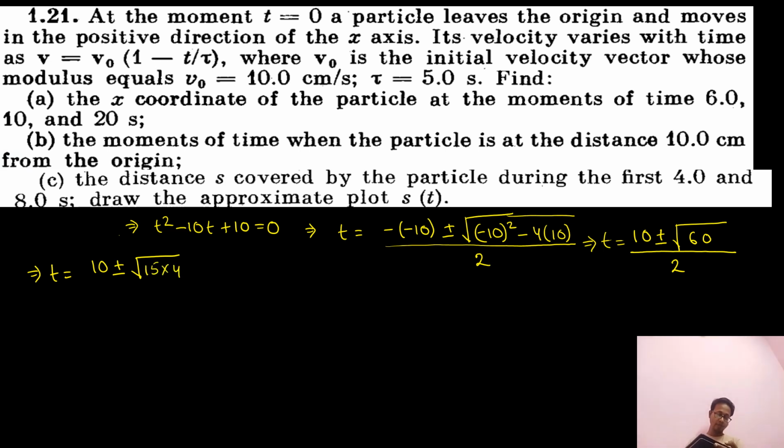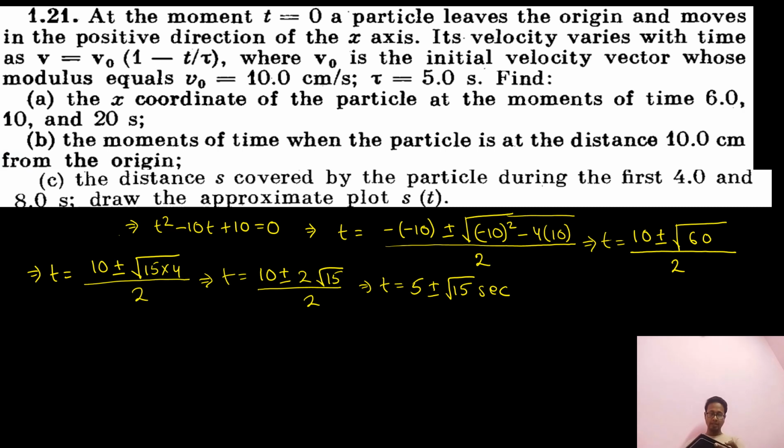If I take the 4 outside, t is equals to 10 plus minus 2 root 15 by 2, or t is equals to 5 plus minus root 15 seconds. So at t is equals to 5 plus root 15 seconds and t is equals to 5 minus root 15 seconds, the particle will be at 10 centimeter from the origin.